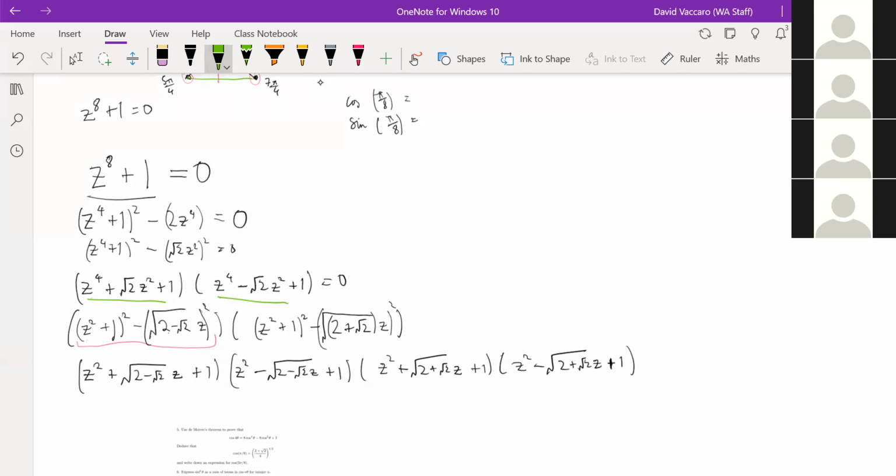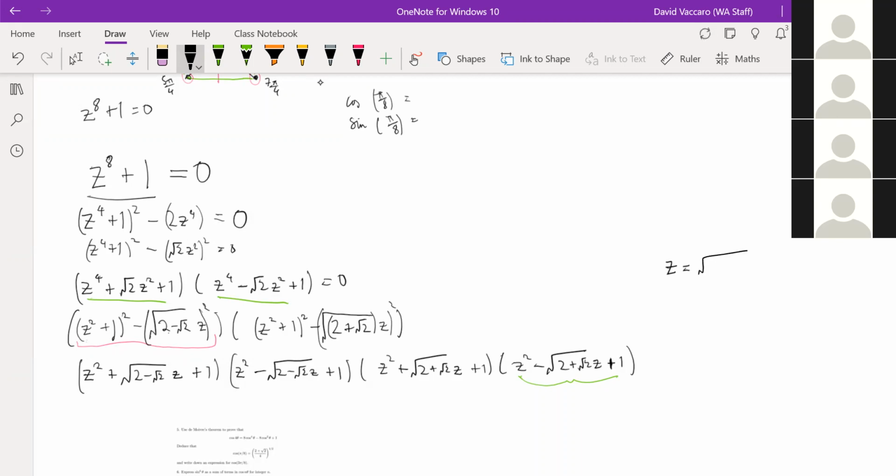We now want to solve these quadratics. Okay, and I'll just do this last one. Maybe it's safer to do this last one by the quadratic formula. So we get one solution, which is z equals minus b.